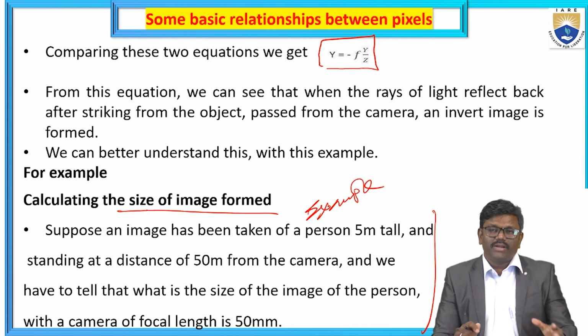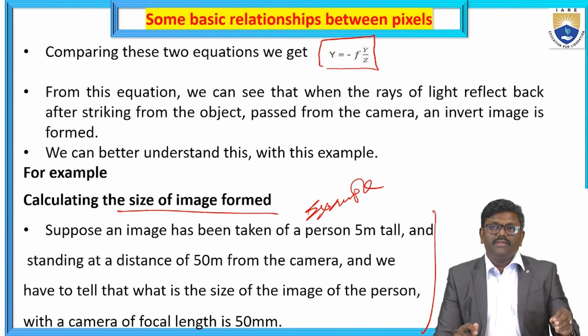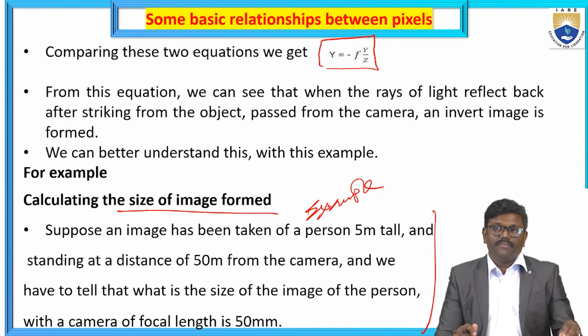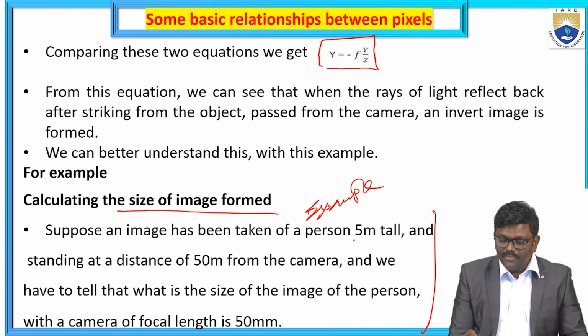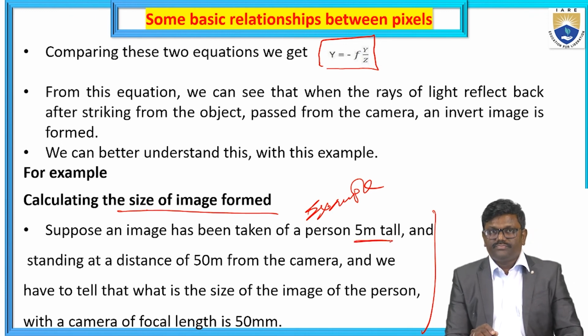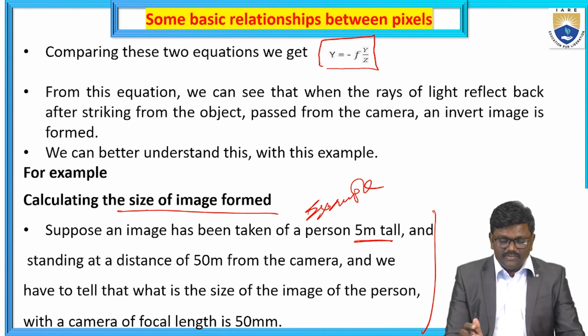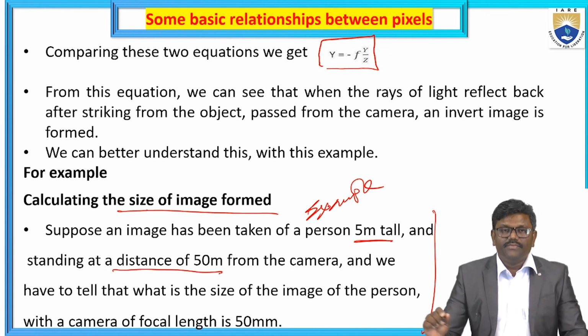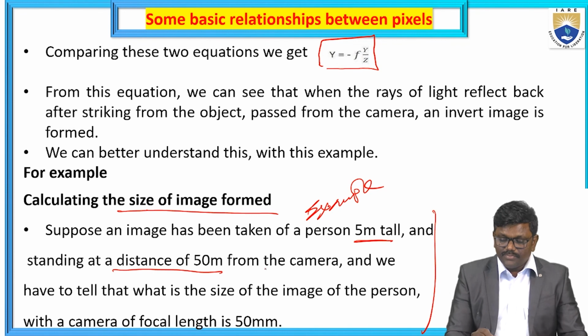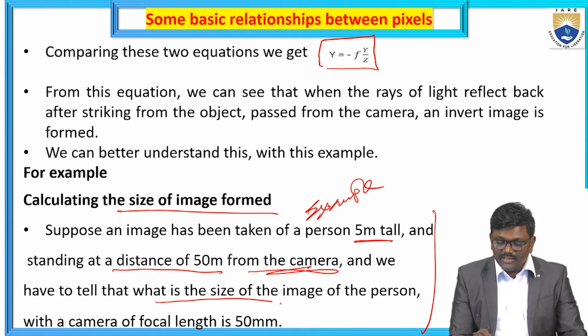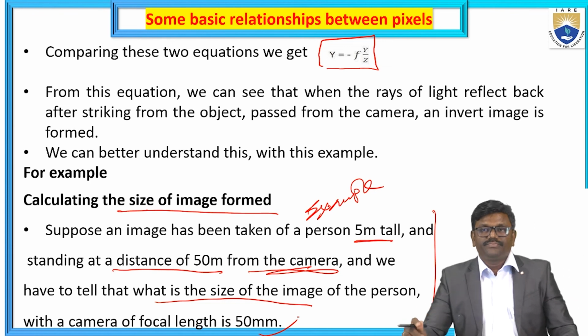In this example, the provided information is: suppose an image has been taken of a person 5 m tall, standing at a distance of 50 meters from the camera, and we have to find the size of the image of the person with a camera of focal length 50 mm.